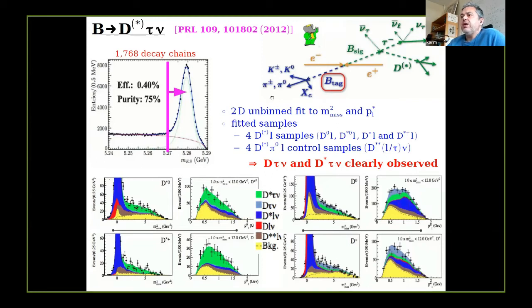So in this case, very quickly, you see in green the signal above the dominant background of semi-leptonic. And so you have a clear signal, and your observable you will be using is not directly the branching ratio of D tau nu, but the normalized branching ratio, this time D tau nu by D mu nu, or D e nu in the case of B factory. So we talk about RD and RD star.